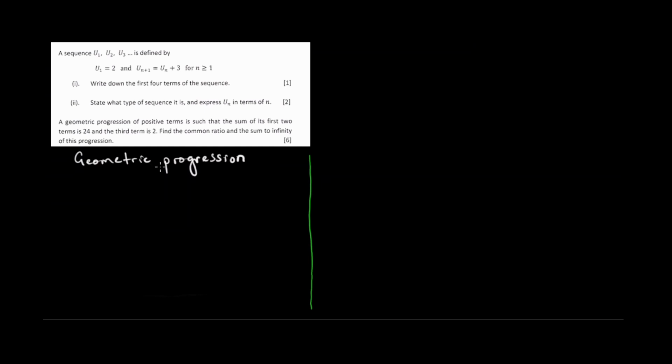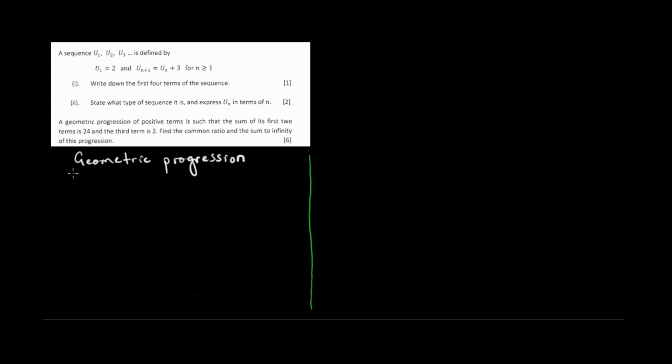Kana iri geometric progression tinenge tiine r, but r yacho inoshanda sei? Tinenge tichiti tikati first term times r inotipa second term, second term times r yotipa third term. Saka the common ratio r inenge ichimultiply a previous term kuti tiwane a term which comes after it. Inenge ichimultiply first term kuti tiwane second term.